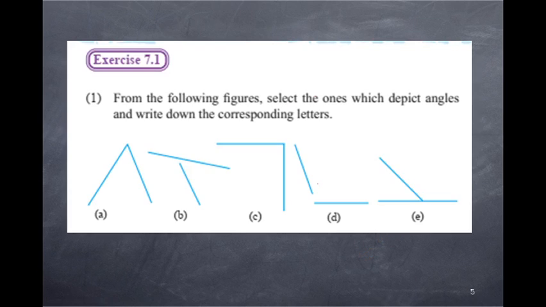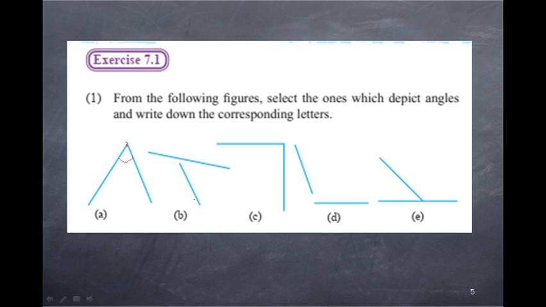Okay, let's move on. So from this exercise, what we have to do is select the ones which depict angles and write down the corresponding letters. Here, look at the angle A. These two lines meet each other. There's a vertex here, two arms, and there's an angle. So we could find the angle.